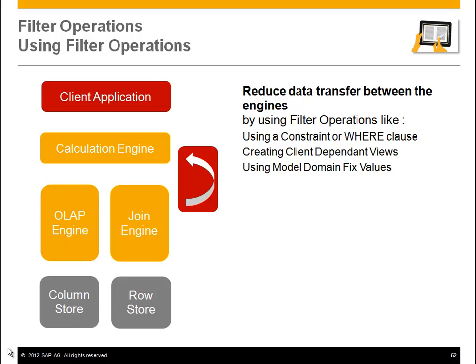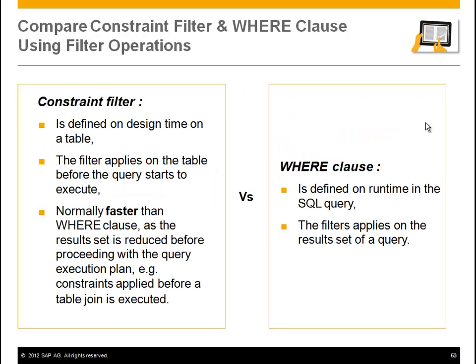So you want to avoid sending too much data to the client application for aggregation. So you can apply a constraint filter or use a where clause, but they are different. A constraint filter is applied directly on the table at design time, and this is faster than the where clause because the where clause is defined on runtime in the SQL query itself.